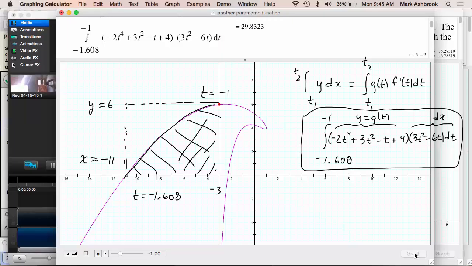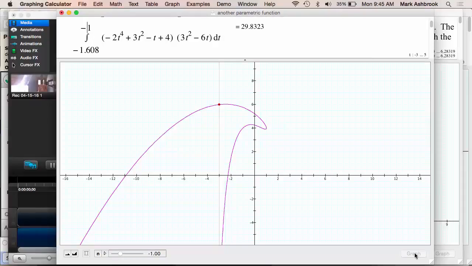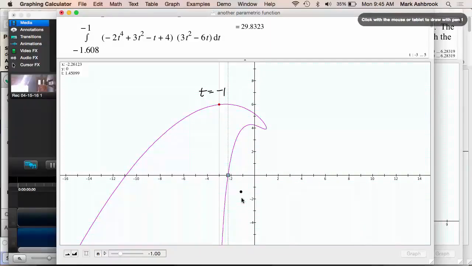Okay, so now kind of a cooler question and figure out what's going on here. So look at this now. What if I took the integral from here, t equals negative 1, to this intersection now, which is t equals 1.45? What is that going to give us?